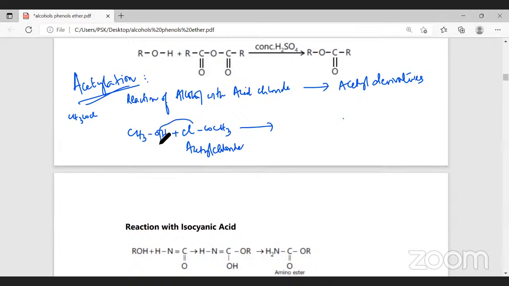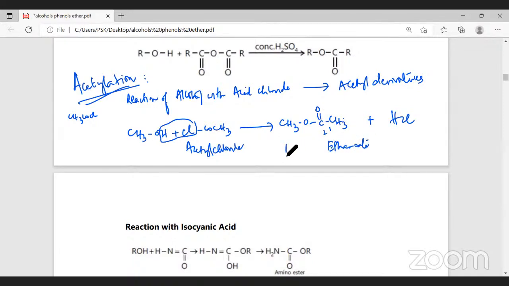So H and Cl get eliminated as HCl. In place of H and Cl, the carbon gets bonded to oxygen. So you get CH3, you get O, single bond C, double bond O, and CH3.